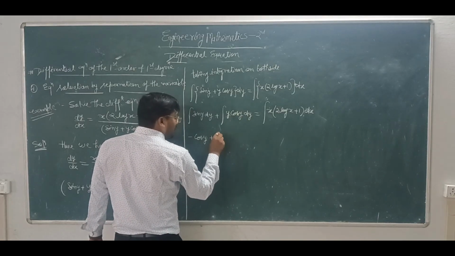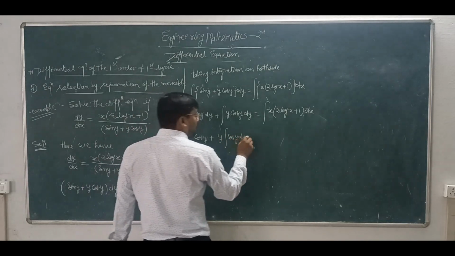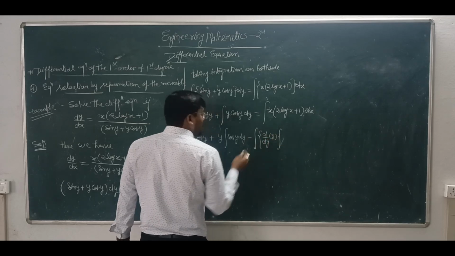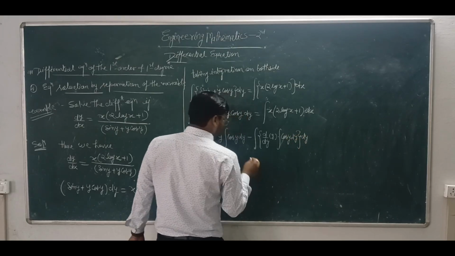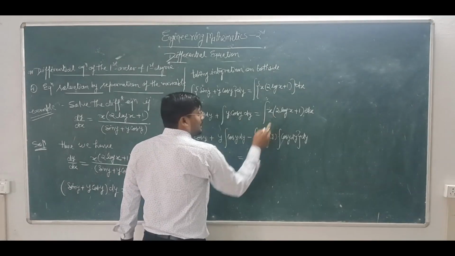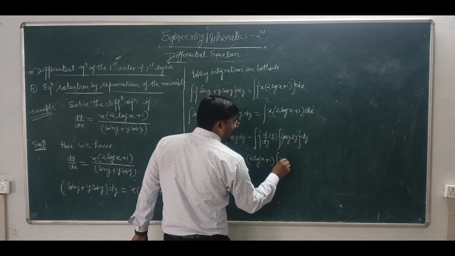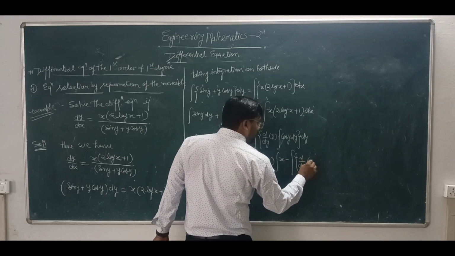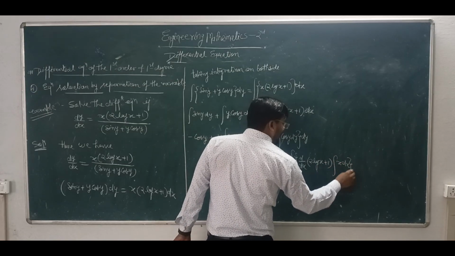integration of this, you can write y integration of cos y dy minus integration of d/dy of y into integration of cos y dy, is equal to integration of this means you can write integration of (2 log x + 1) integration of x minus integration of the differential of (2 log x + 1) into integration of x dx, into dx.